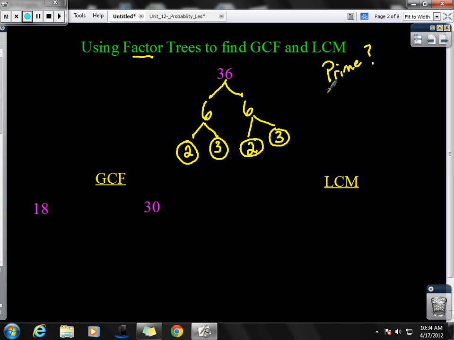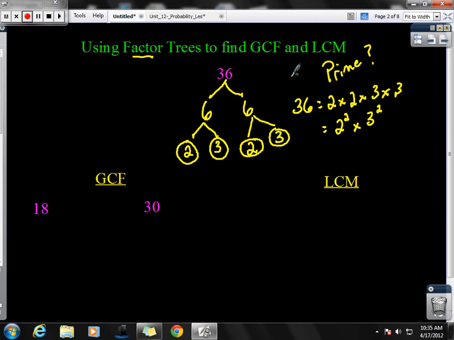We say the prime factorization for 36 equals 2 times 2 times 3 times 3. Or we can shorthand write that and say 2 to the second power, or 2 squared, times 3 to the second power. So this is the prime factorization of the number 36.